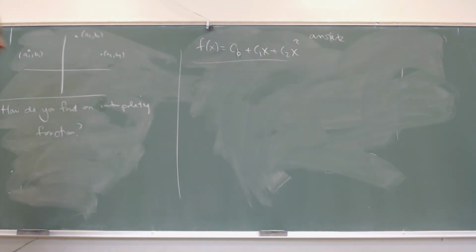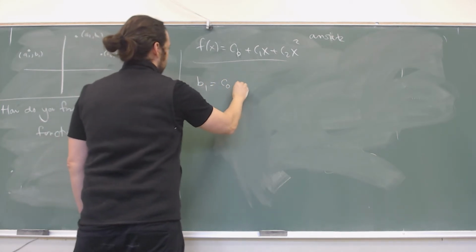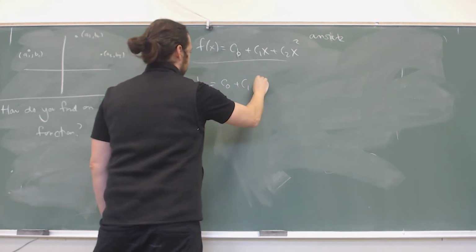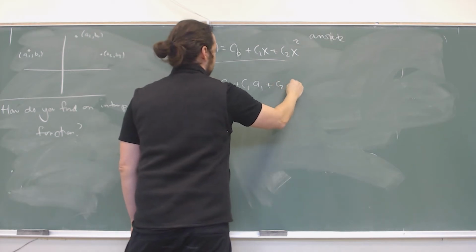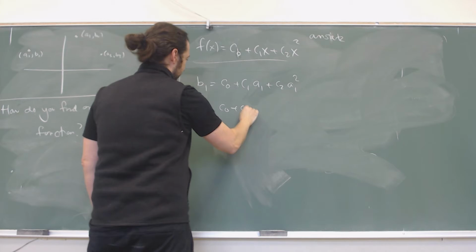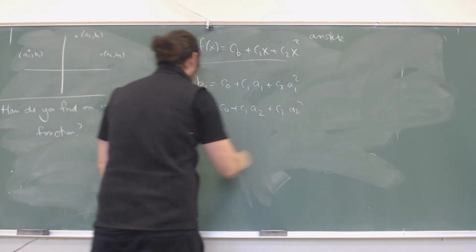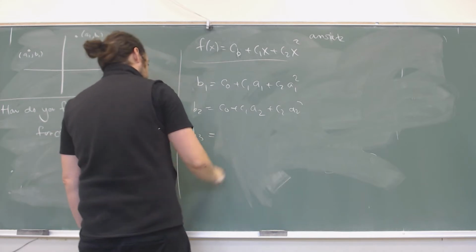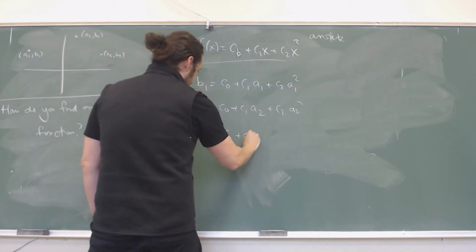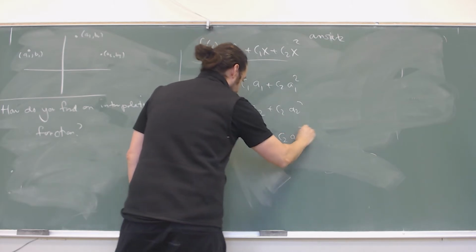So you write down that the target data should be equal to these unknown coefficients times my input data: b1 equals c0 plus c1 a1 plus c2 a1 squared, b2 should be c0 plus c1 a2 plus c2 a2 squared, and b3 should be equal to c0 plus c1 a3 plus c2 a3 squared.